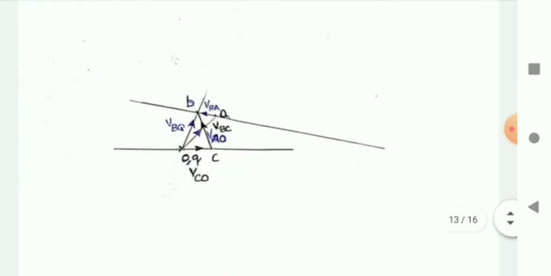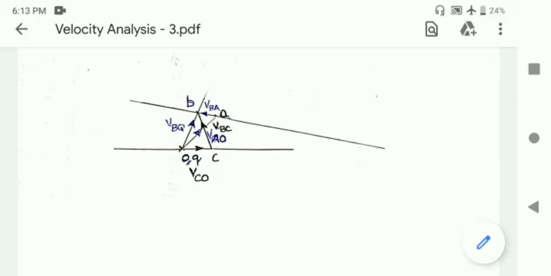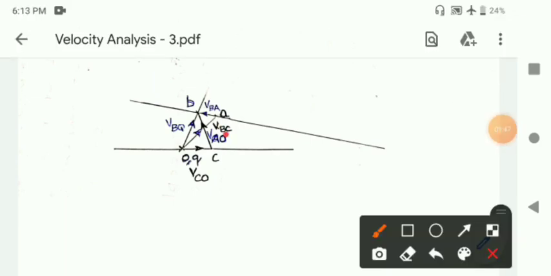So this line BC represents the line of action of velocity of B relative to C. That line will meet the horizontal line from OQ at point C. Okay. So now we have completed the velocity diagram, and please mark all the velocities as I have marked.